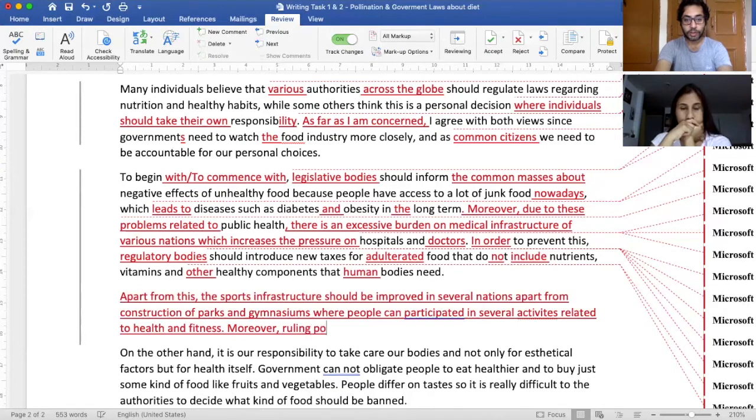Ruling powers across the world, again for governments, should subsidize agriculture, no? Again, the agriculture part is not written.